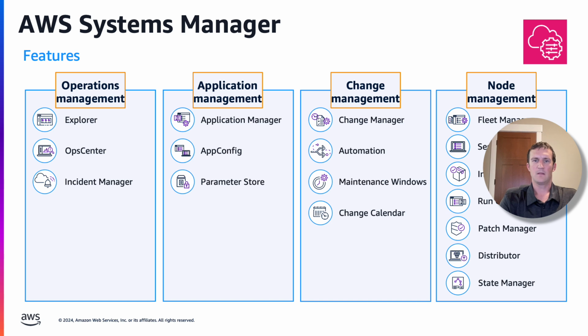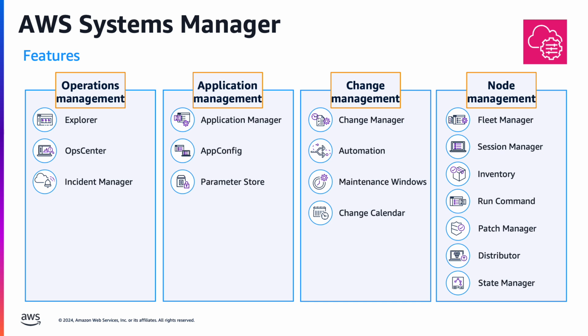Under change management, the features help you reduce business impact and risk by helping you schedule, validate, improve, and automate changes to your cloud, on-premise, and edge resources. And finally, under node management, features give operators the tools they need to perform day-to-day activities to maintain your environment. The features we'll be using today during the workshop are Session Manager and Run Command, and we'll discuss these in a little more detail throughout the workshop.